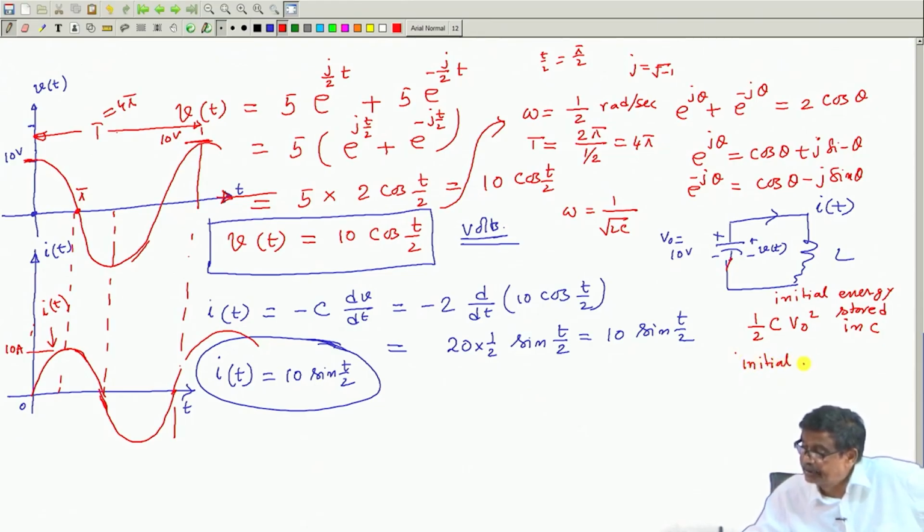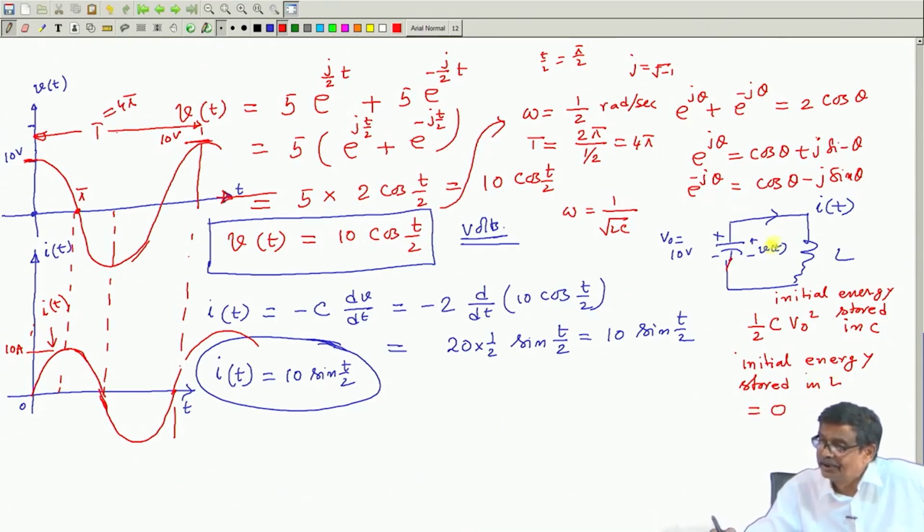You started with that. Initial energy stored in L was 0, because I was 0 at that time. Initial means t equal to 0.